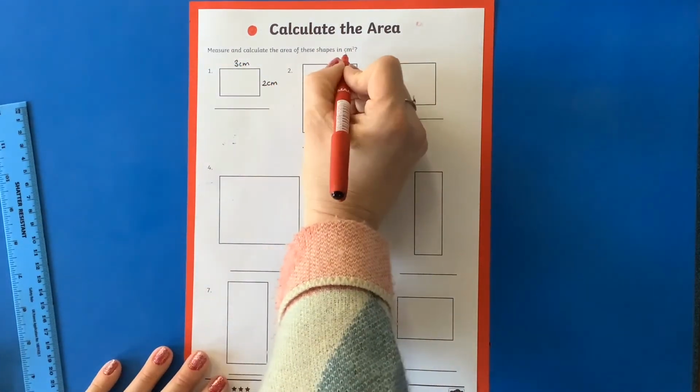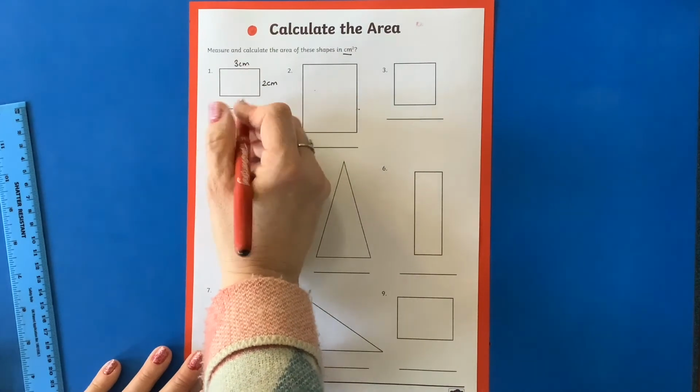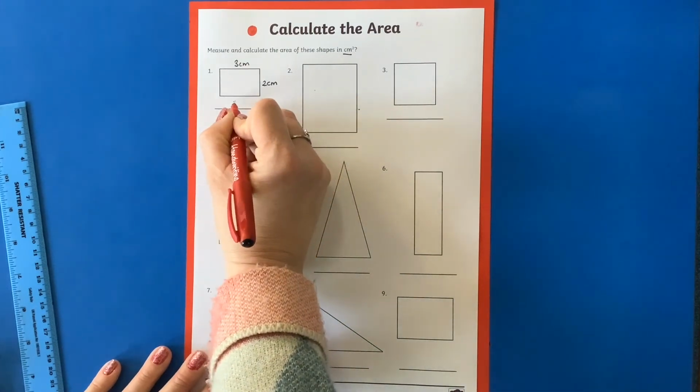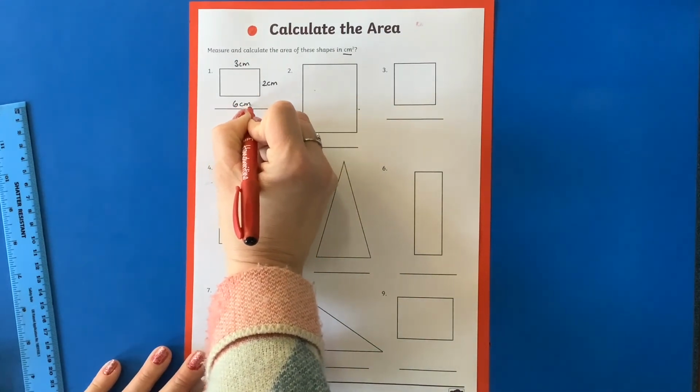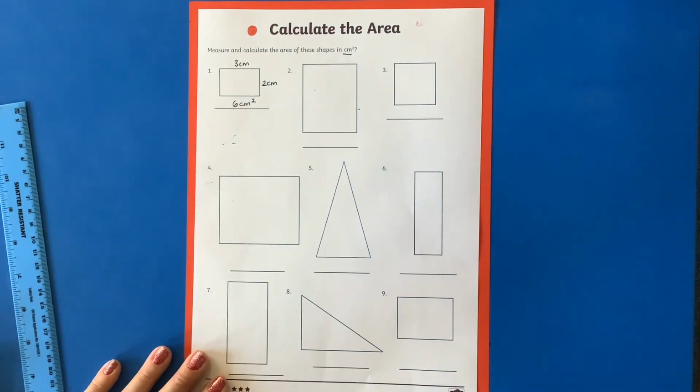It says I'm working in centimetres squared, so 3 centimetres times 2 centimetres is going to give me the answer of 6 centimetres squared. Working out the area of a triangle, you do exactly the same, but a triangle only takes up half the space of a rectangle, so you have to divide your answer by 2.